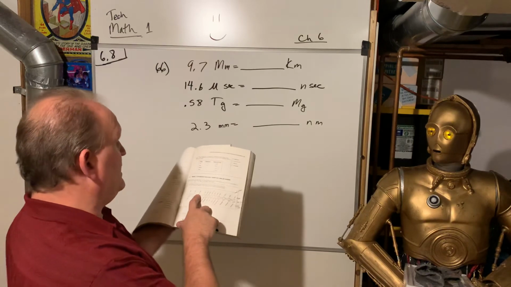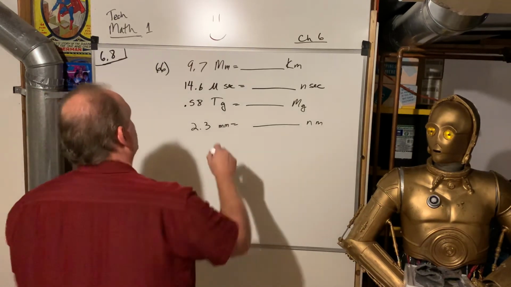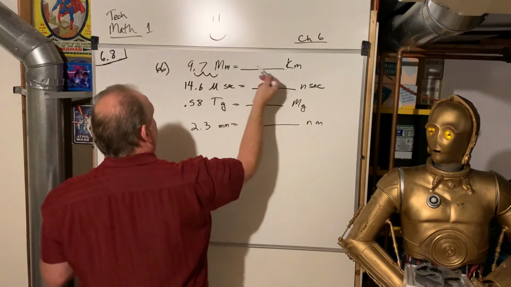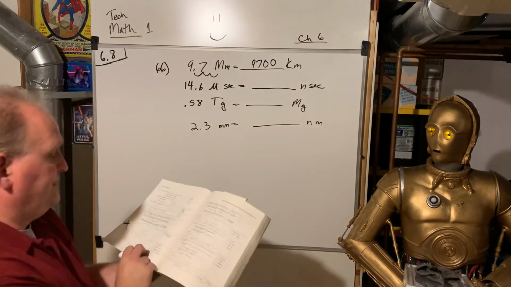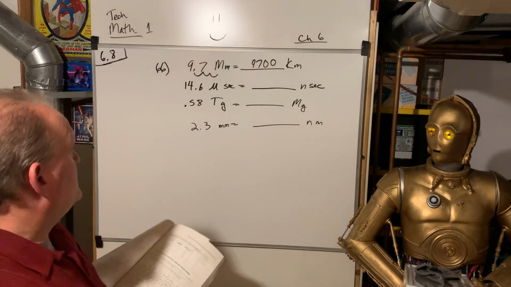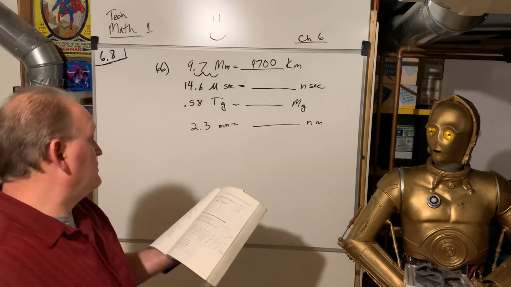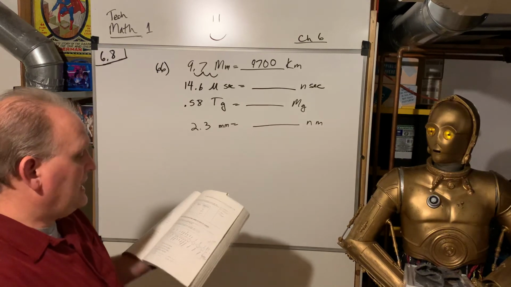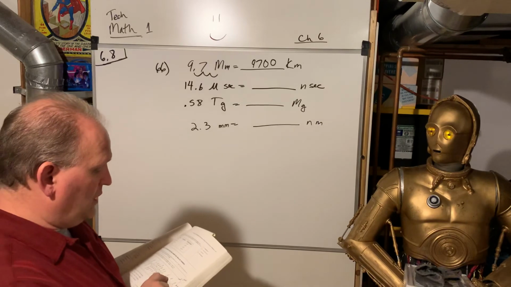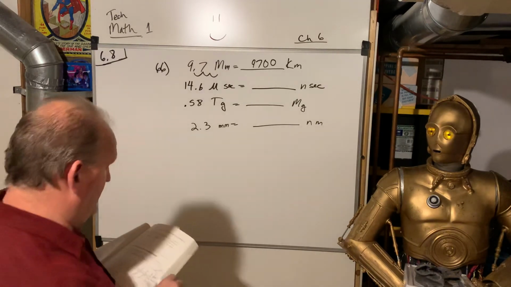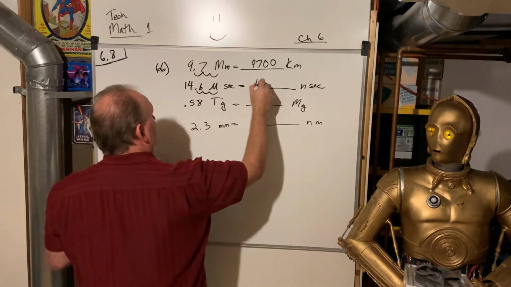From the big M to kilo is 1, 2, 3 places to the right. That's 9,700. All right. 14.6, and what's mu again? Mu was micro, so microseconds is how many nanoseconds. You're going from micro to nano, so that's 1, 2, 3 places to the right: 14,600.